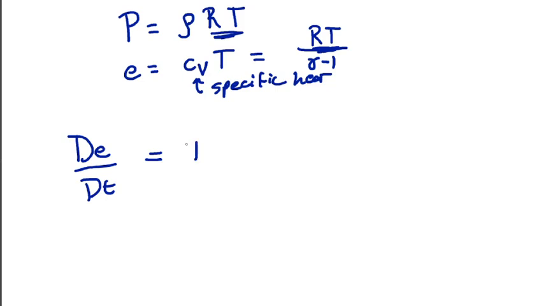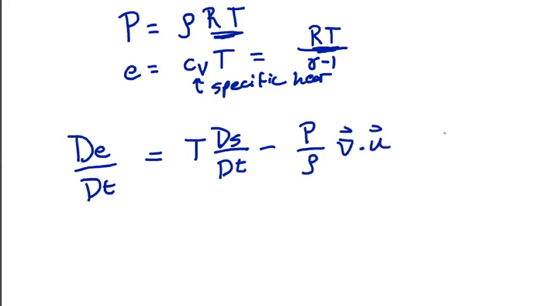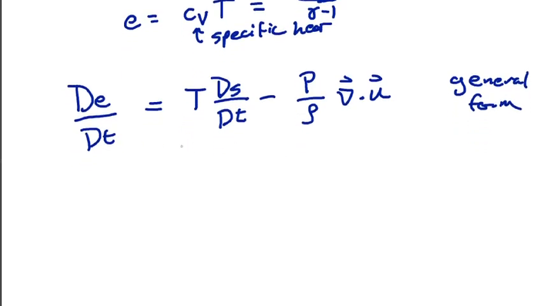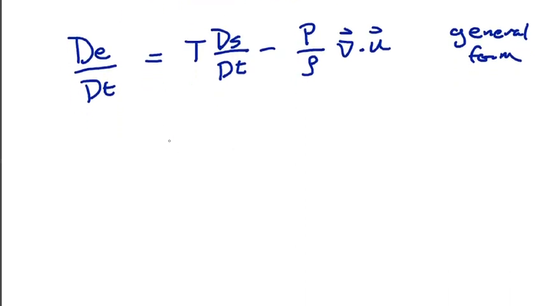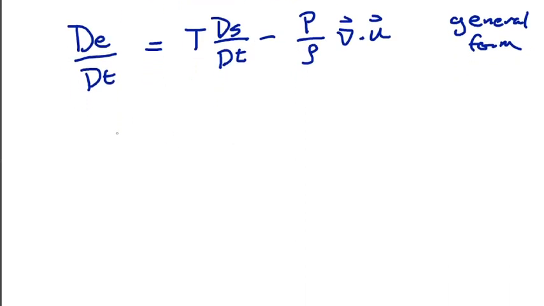So this was T ds dt minus P over rho div u. This was our general form. And now we'll specialize to an ideal gas by putting in our equations for E and for P over rho.